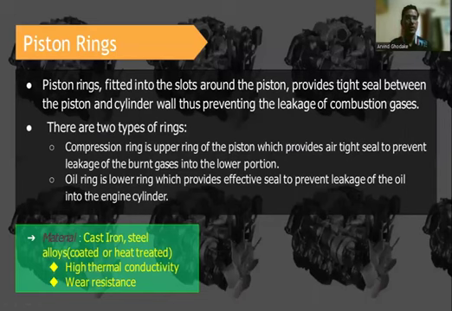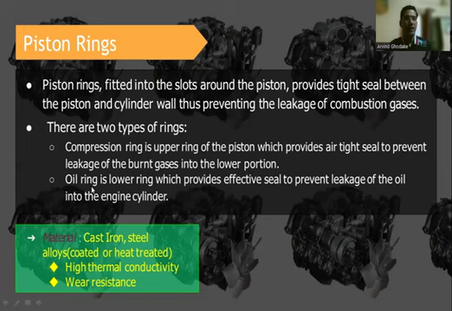Next are the piston rings. The piston rings fitted into the slots around the piston provide a tight seal between the piston and cylinder wall, thus preventing the leakage of combustion gases. There are two types of rings. One is the compression ring, the upper ring of the piston, which provides an airtight seal to prevent leakage of the burnt gases into the lower portion.